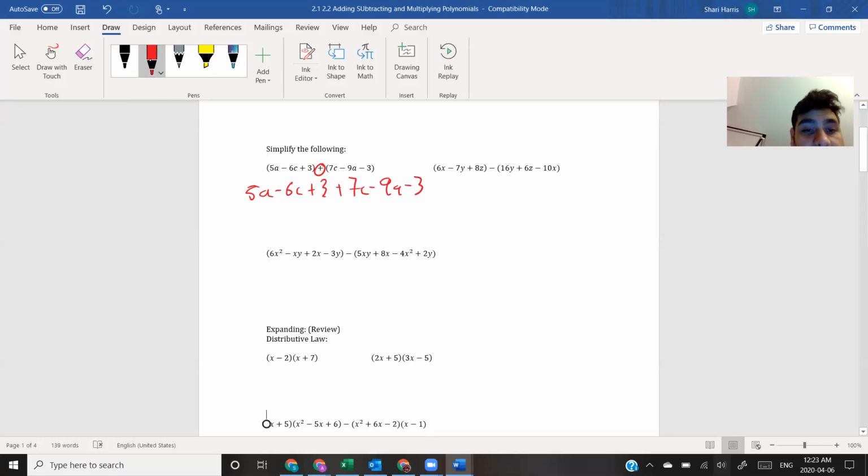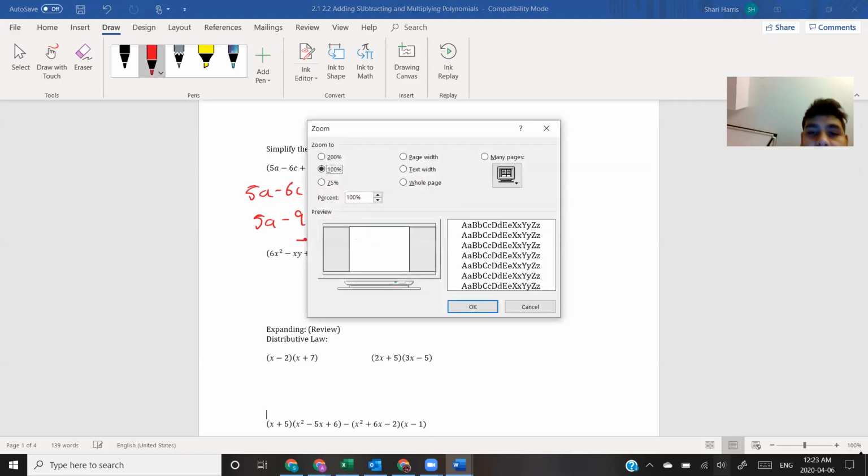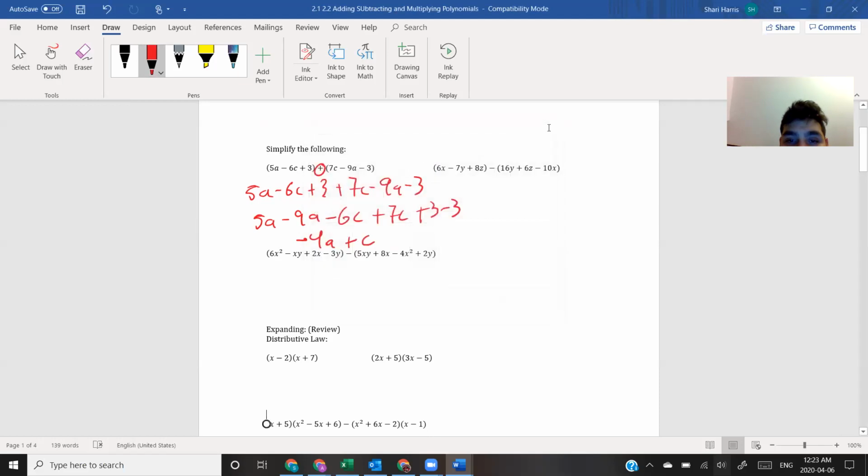We could collect like terms: 5a minus 9a, minus 6c plus 7c, plus 3 minus 3, and we'll simplify to negative 4a plus c. All right.